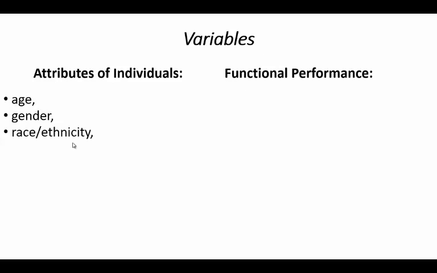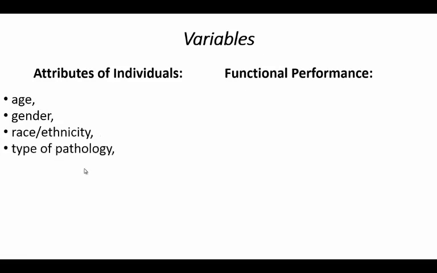But in a country like the United States, this is a very important variable, because in medicine in general and in physical therapy, actually even in social studies and research, different diseases can affect different races and different ethnicities.